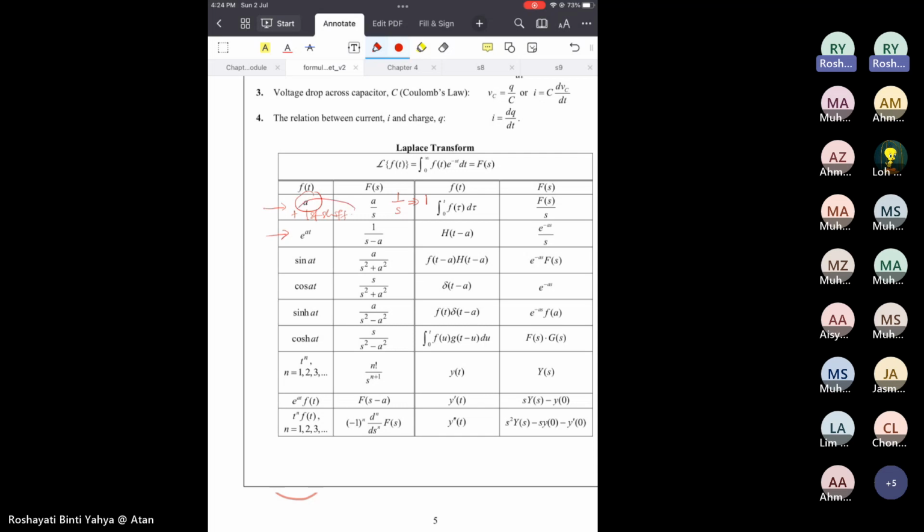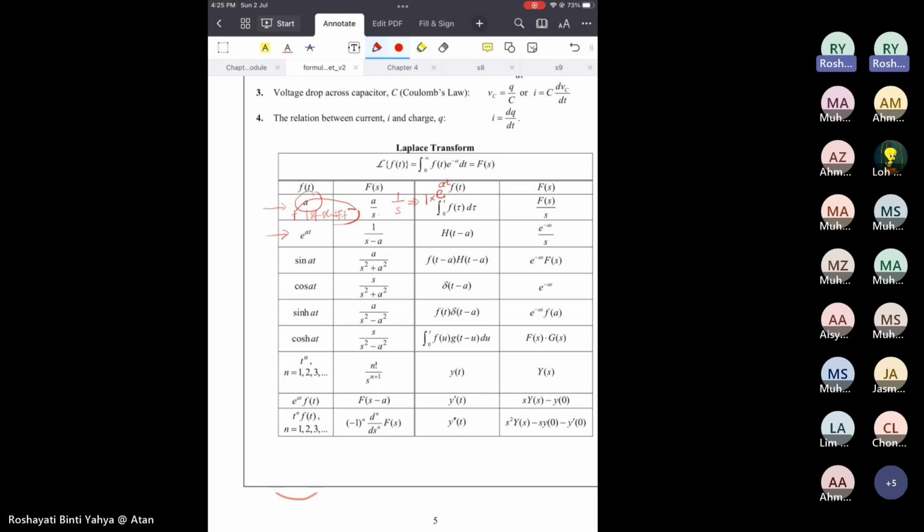After that, the first shift method, since it has minus a, multiply by exponential at. Do you remember the first shift method?